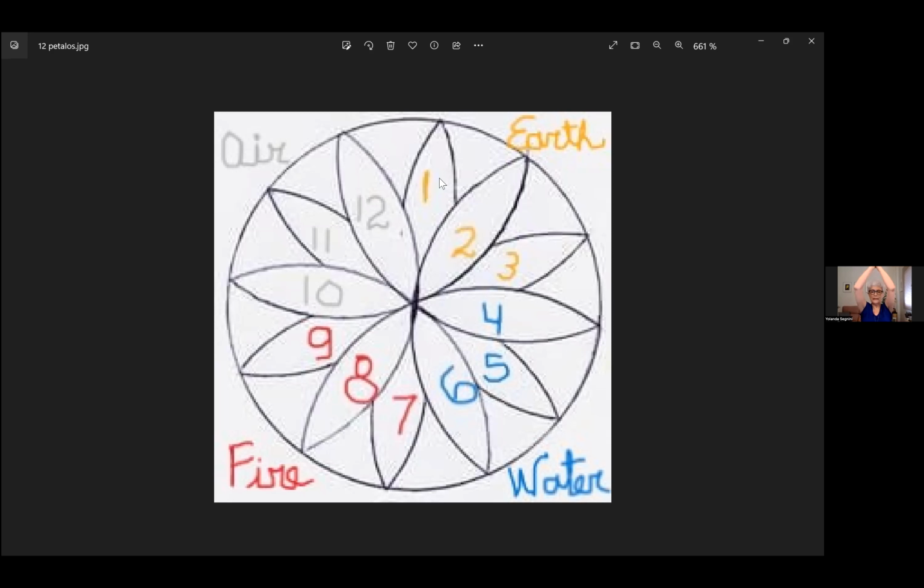Again, we connect and we think about this portal, participation, and again, projecting all this energy and connecting it to our heart. Again, participation, third petal, third portal of the soul in the element earth.